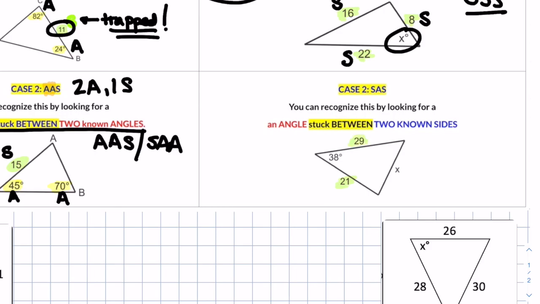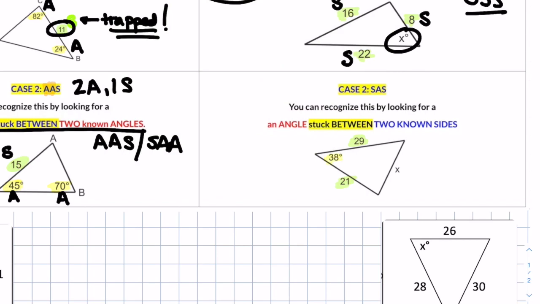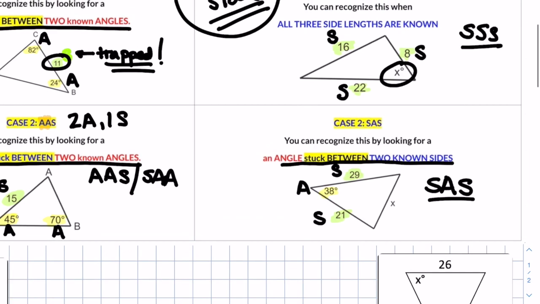In this case, we have two sides, and we know one angle, right? We would call this side, angle, side, because the angle is stuck in between the two sides. And again, notice that what these cases have in common is more sides than angles.